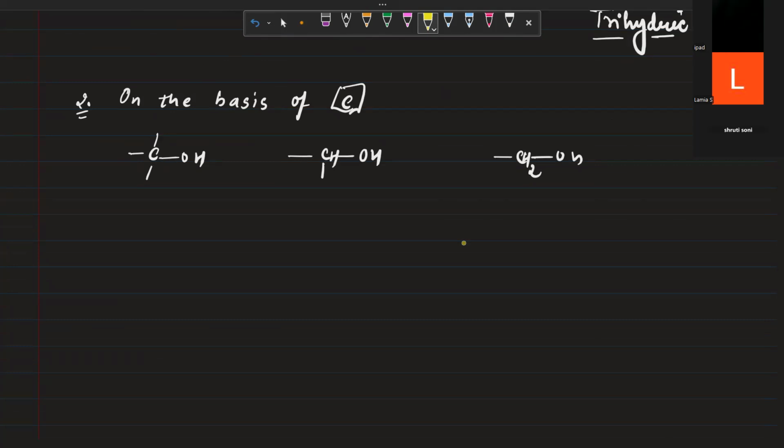Sorry, wait, hold on. Do you remember the 3 degree, 2 degree, 1 degree concept? Like this is different from this. So which is 3 degree carbon? It's going to be the first one, right?